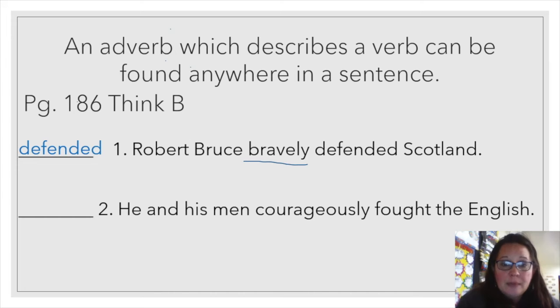Bravely, what did it bravely do? It defended. So we're doing it a backwards way now. Before, they wanted you to see verb, adverb, and now they want us to see adverb, verb. Then we look at number 2. He and his men courageously fought the English. The adverb is courageously, and courageously did what? They fought. So that's how you're going to do section B.